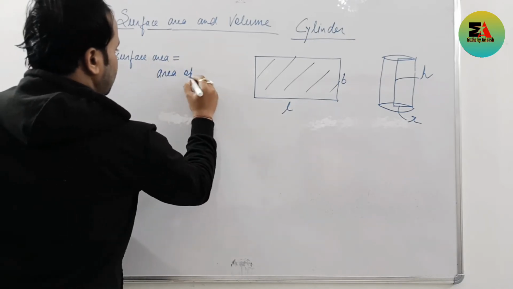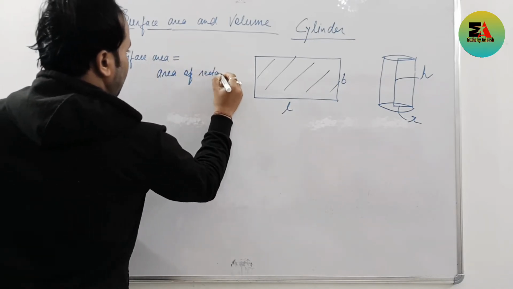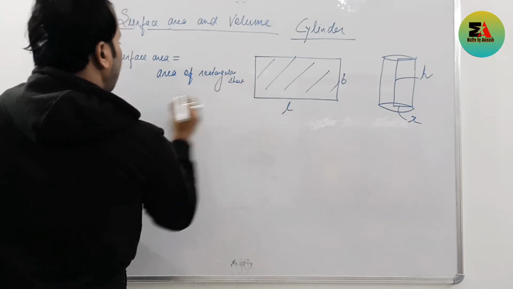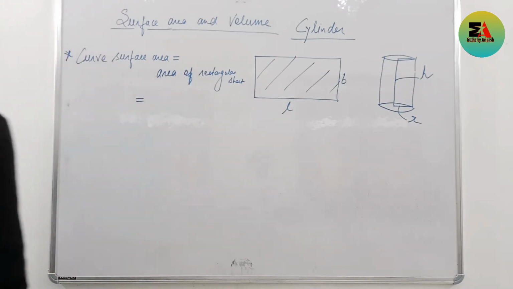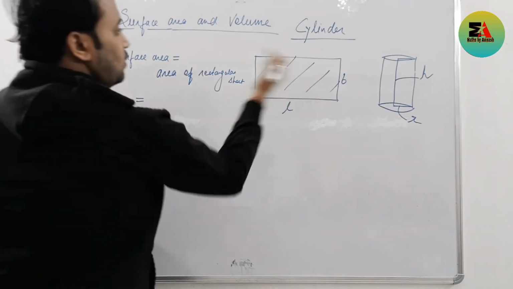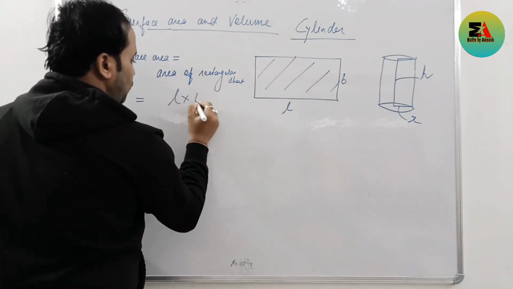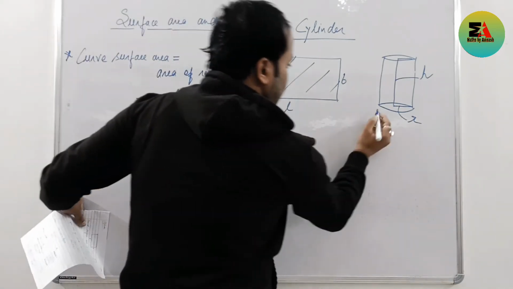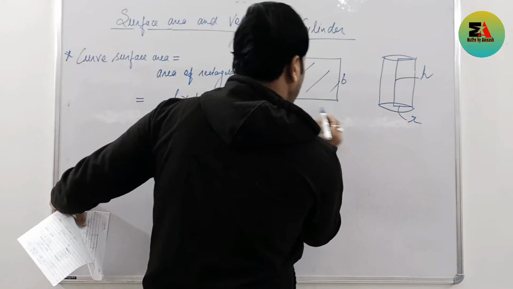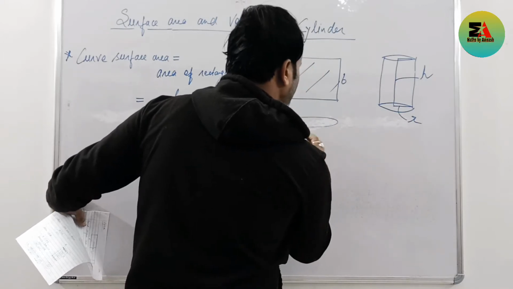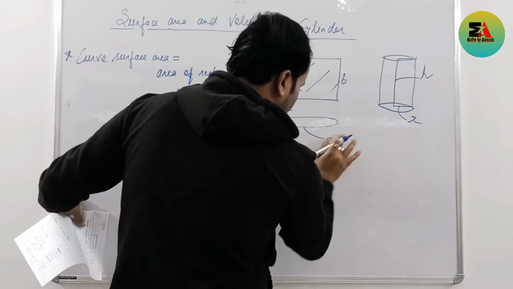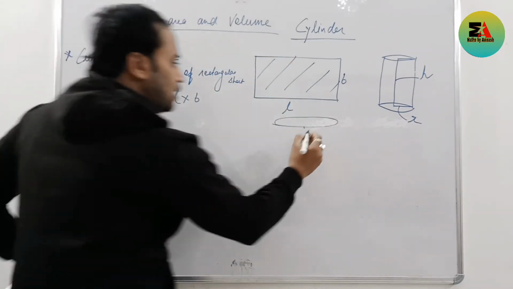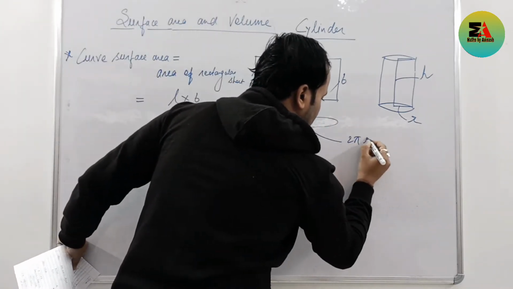We already know that the area of a rectangle is L into B. We know that this L is formed into a circle. The total length of a circle is known as the circumference, so this is 2 pi r.